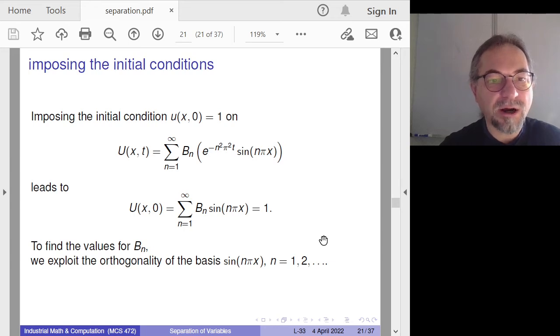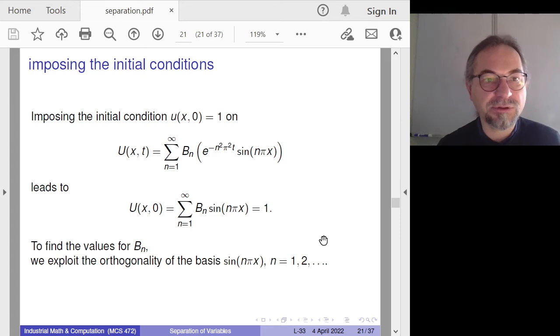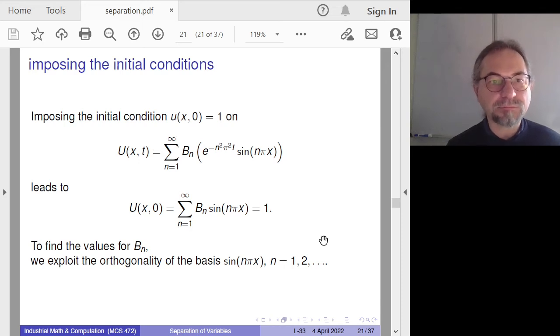So if we are imposing the initial condition, so we have an insulated pipe of water where the temperature is the same, let's keep it at 1. That actually means that imposing that initial condition means that we have to compute the coefficients, the bn's, so that we have an approximation for 1.